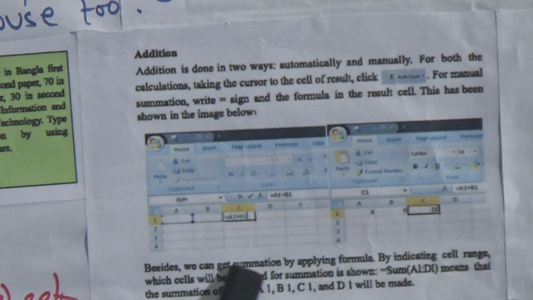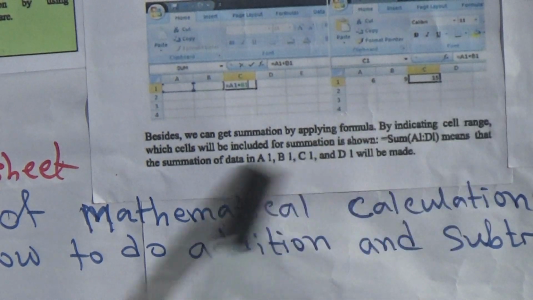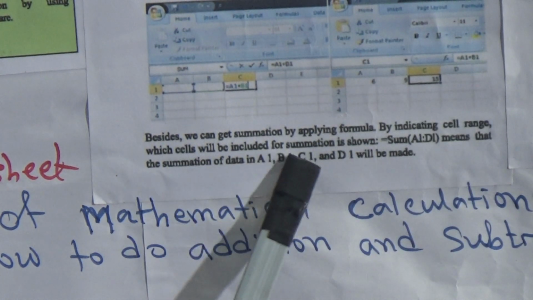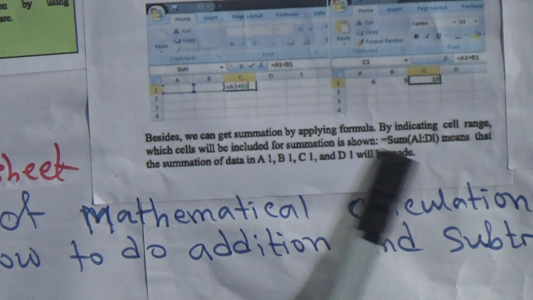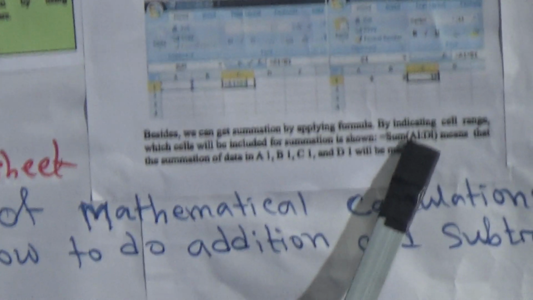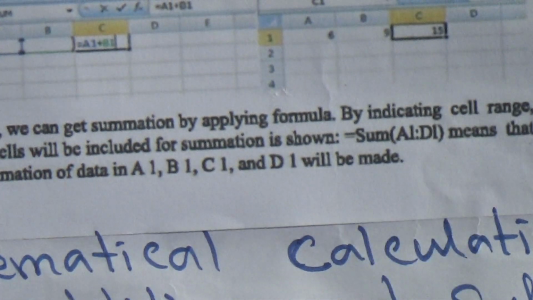Then besides, we can get summation by applying a formula, indicating the cell range which cells will be included for summation. First of all, the equal sign, then SUM, A1, then colon, D1. What does it mean?